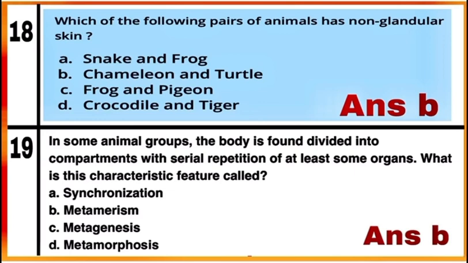Question 19. In some animal groups, the body is found divided into compartments with serial repetition of at least some organs. What is this characteristic feature called? This feature is called metamerism and is the characteristic of annelids and arthropods. So here mark B as a correct answer.